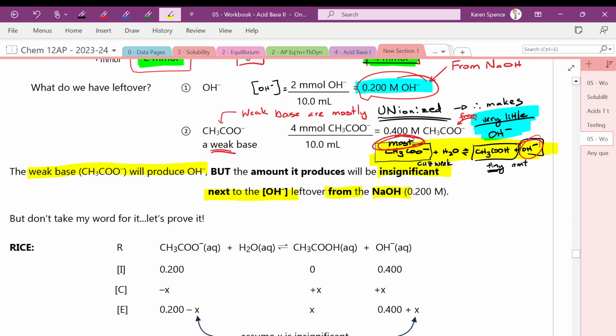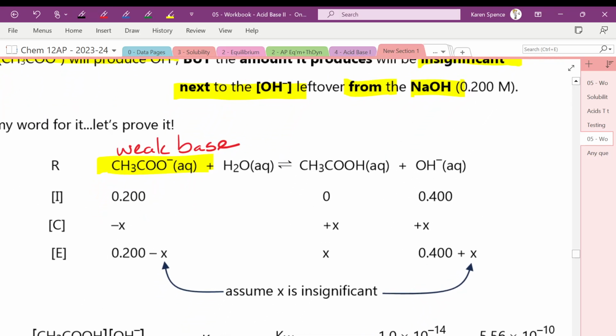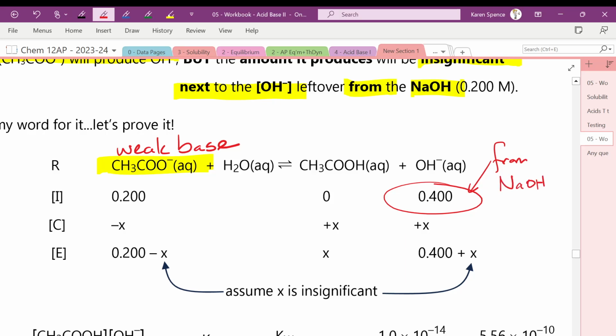Here is our Rice table for our weak base. Okay, we had 0.2 and the 0.4, that's already present. This is from the NaOH. Plus x minus x, we get a 0.2 minus x here, and we get a 0.4 minus x on the right.